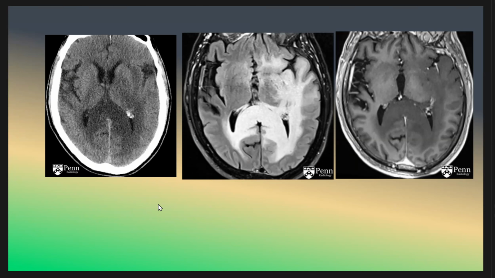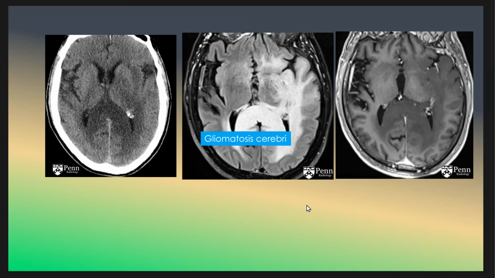What do you think the patient has in this patient? We have a mass in the splenium of the corpus callosum associated with vasogenic edema, and the mass is not enhancing, with no significant midline shift, and this is gliomatosis cerebri, a rare diffuse neoplastic process of the brain that has a poor prognosis.